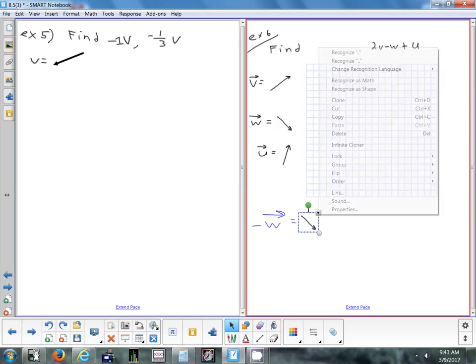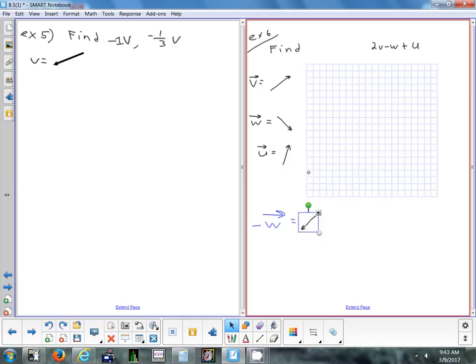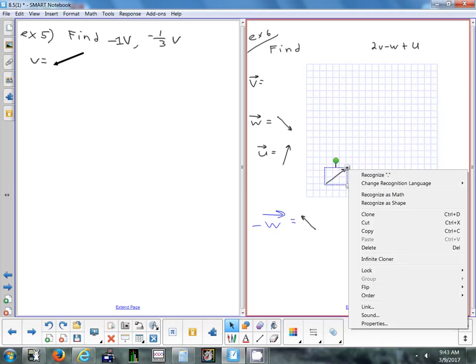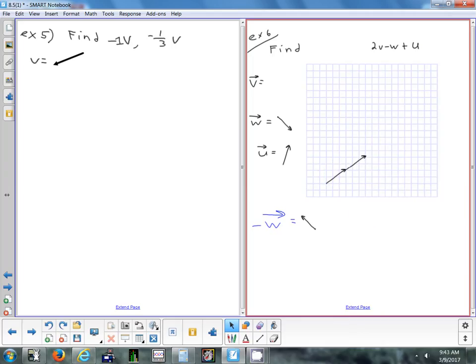All right, so I'll take that, flip it left, right, flip it down. Now I have negative w. So you can start anywhere you want. Take v. Take another copy of v. That's 2v. And what am I going to add onto the end of that? Put the negative w on the end. And then what goes on the end of that? u.